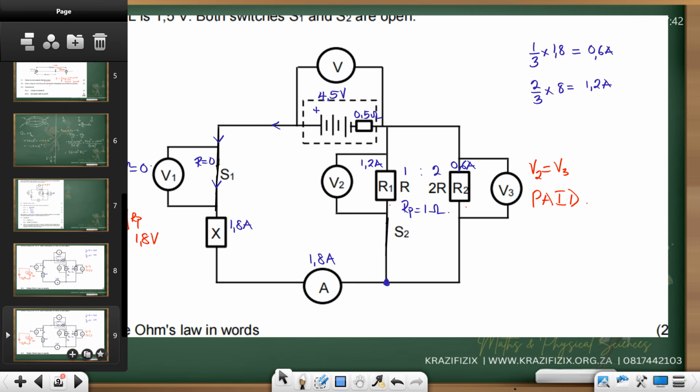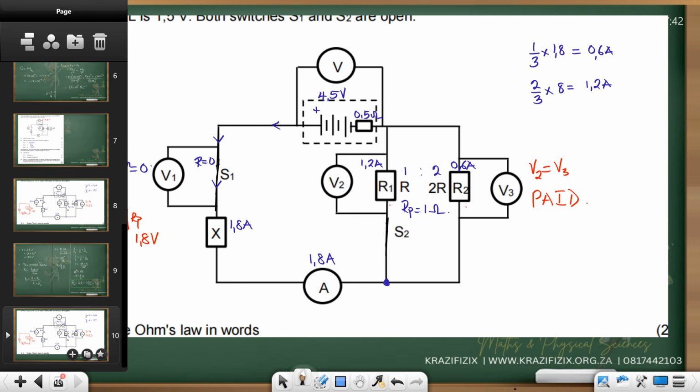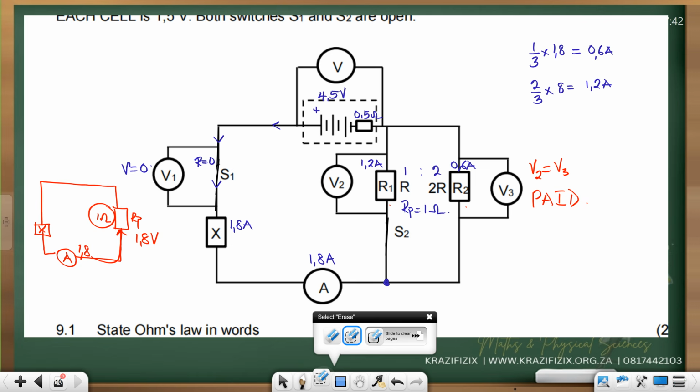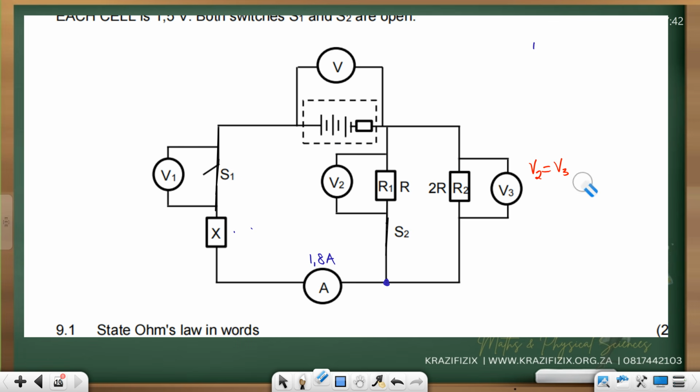Let's quickly draw this. Okay, let's open S2 now. Let's leave S2 opened. Which one is open again? S2 is open, right? Yeah, S2 is opened.